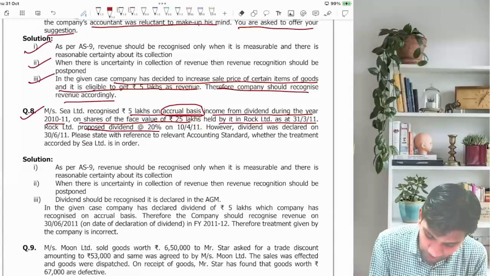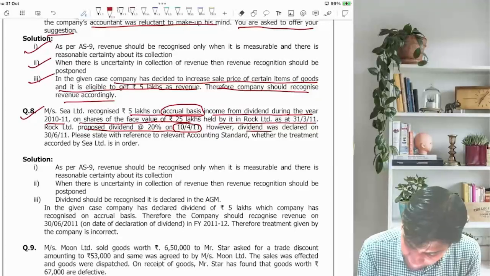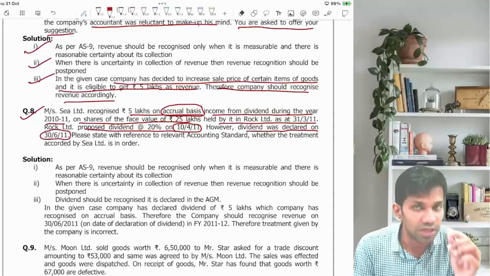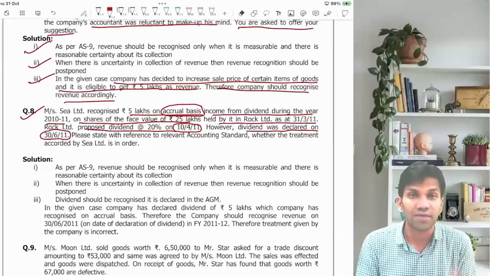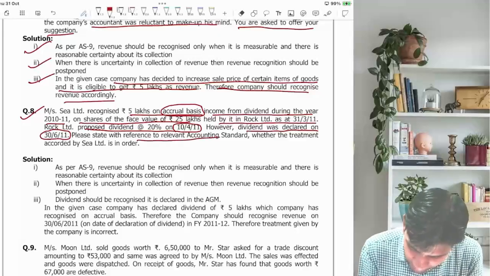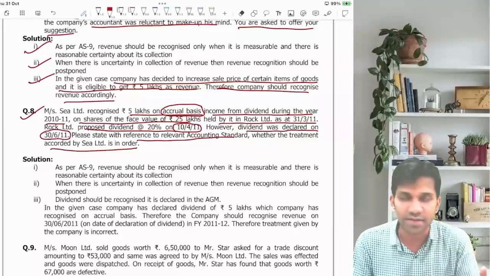Rock Limited proposed dividend at the rate of 20% on 10th April 2011. However, dividend was declared on 30th June 2011. So the date of declaration is 30 June. So the company should recognize the dividend on 30th June 2011 and not on accrual basis. Please state with reference to the relevant accounting standard whether the treatment accorded by C Limited is in order or not. Let's start with the provision.